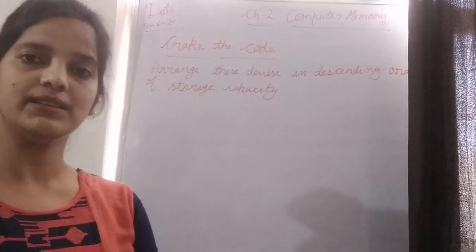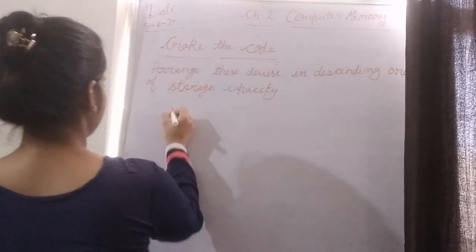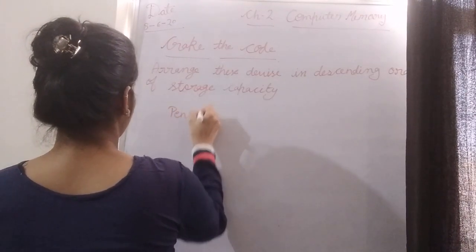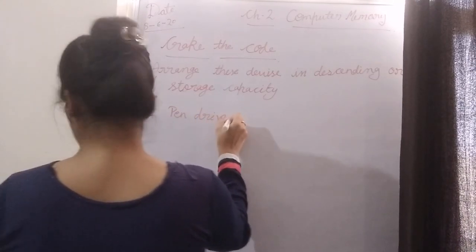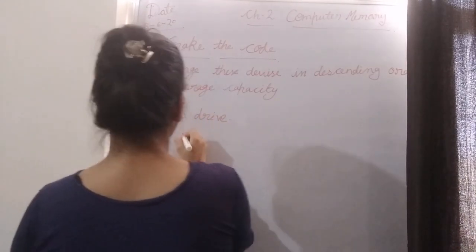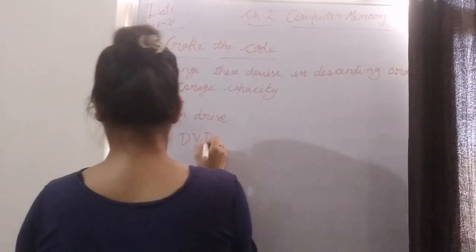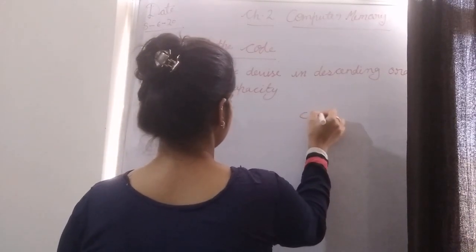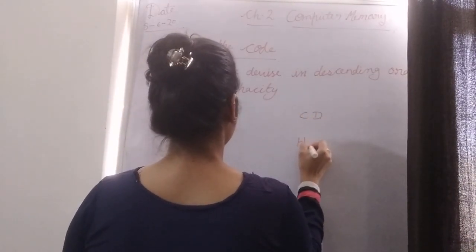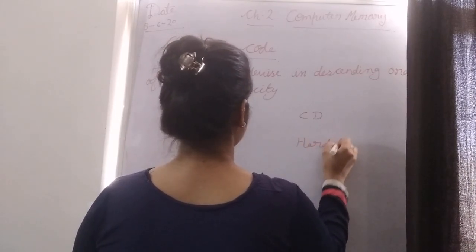So first one is pen drive, second one DVD, third one CD, and fourth one hard disk.